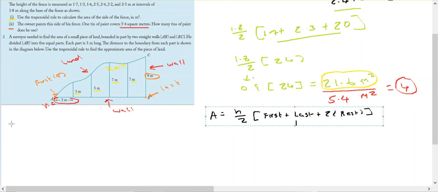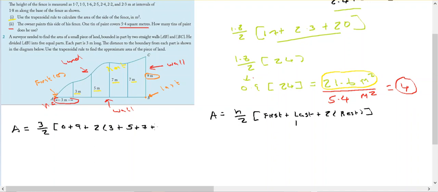So area is going to be equal to h over 2, so h is 3 meters, so it's 3 over 2, times the first, which is 0, plus the last, which is 9, plus 2 times the rest, so 2 times 3 plus 5 plus 7 plus 7.